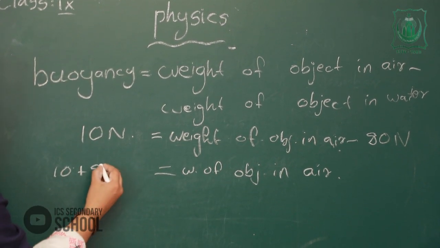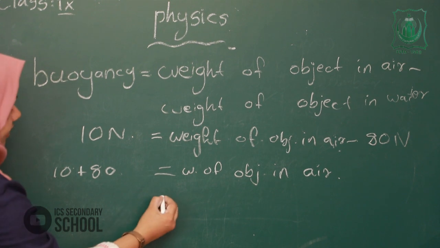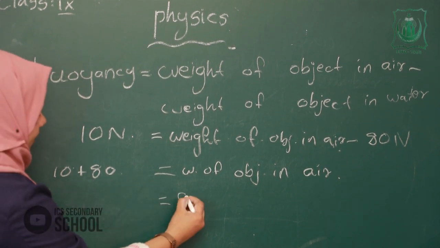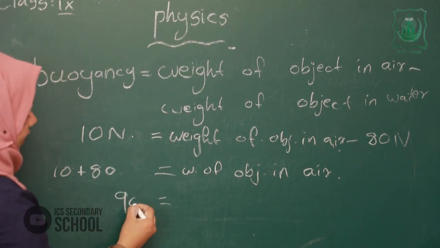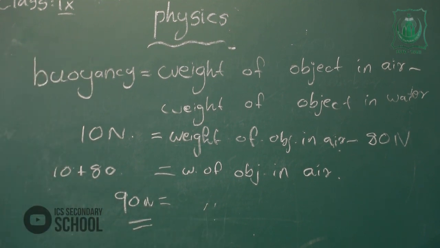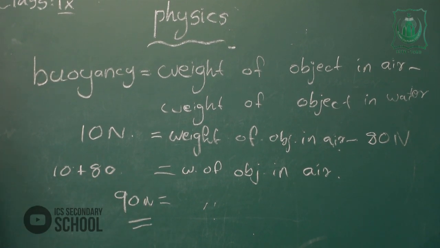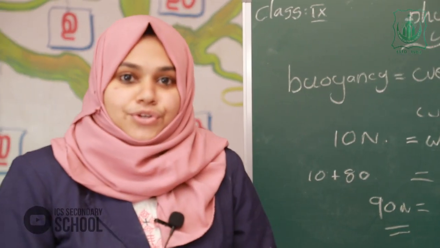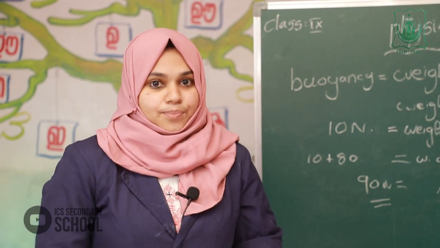What do we get? Yes, 90 Newton. That is the weight of the object in air. Do you get this answer? Very good. Now we know how to calculate buoyancy.